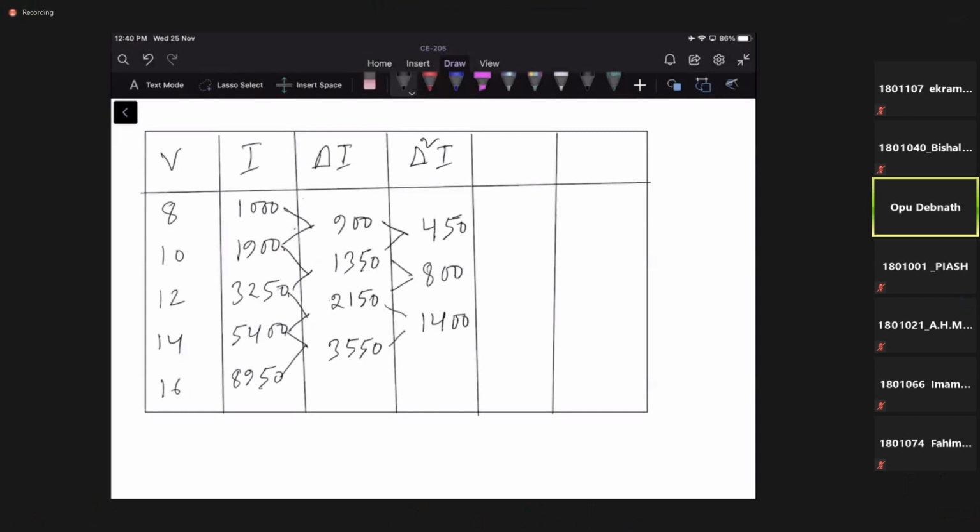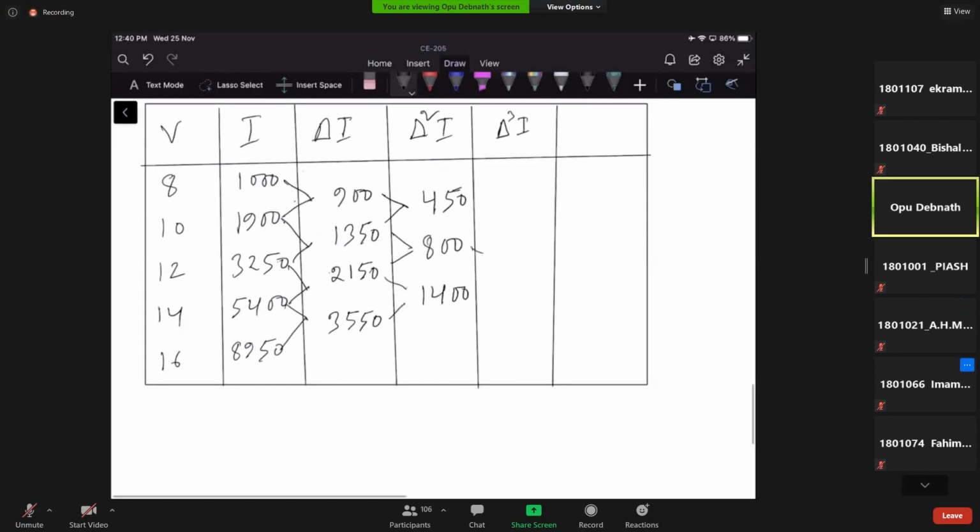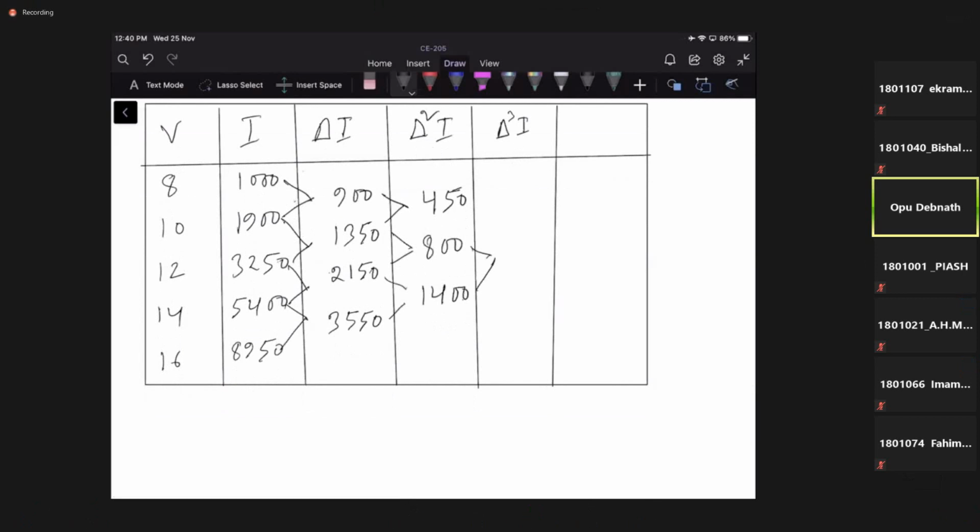These types of numerical problems are very simple, you just need to be cool and calculate the values as accurately as possible, with no error. 1400 minus 800 gives 600, these two difference will be 350, and finally del cube I, these two will give you 250.